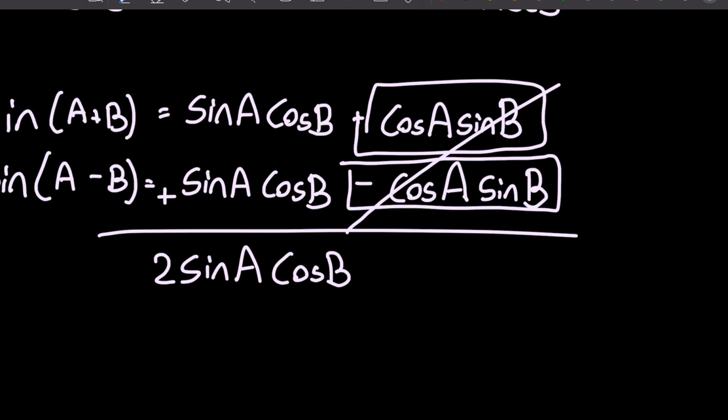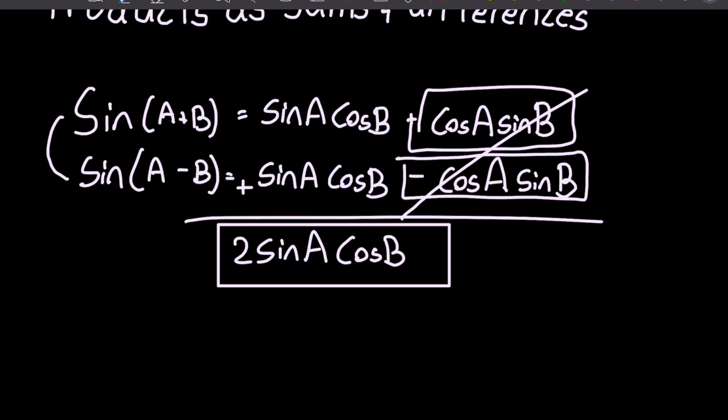So we have our very first identity. When we add the expansion of sine a plus b and sine a minus b, we get our first product from sums. So take note of this.